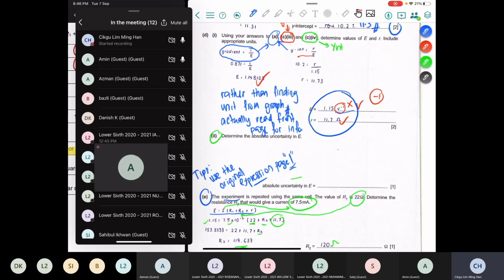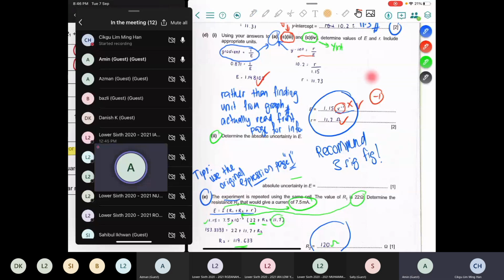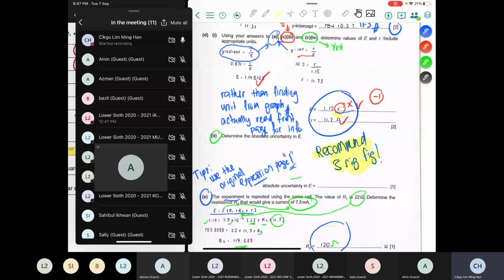Your answer for this and this, I recommend 3 significant figures. Yeah. Okay. Because paper 5 ni Ian dah very strict about the answer punya sig. It could be 2, it could be 3. So we make it 3 lah. Okay. We make it 3 sig lah. Just to be safe lah. Just to be safe. Yeah.